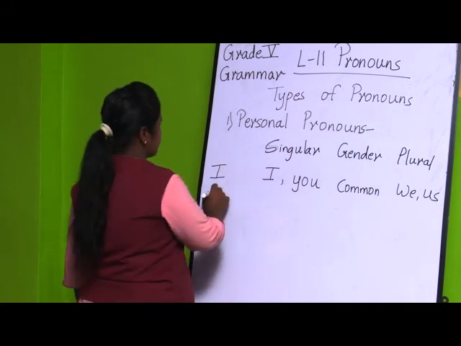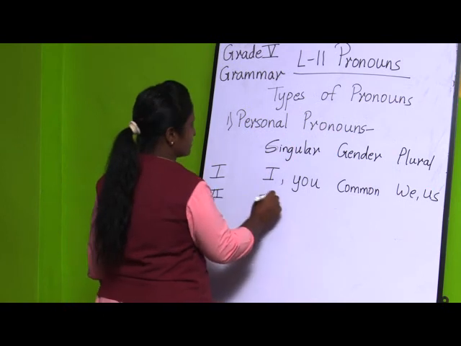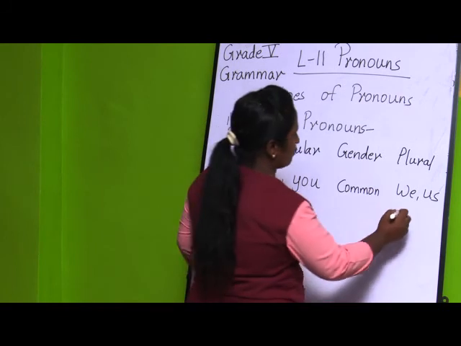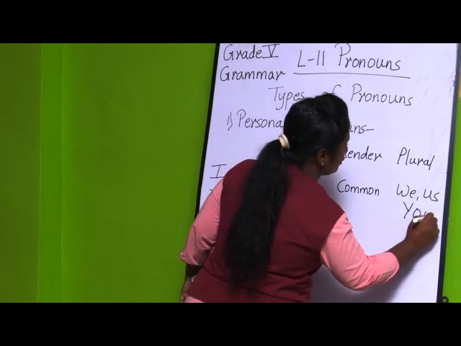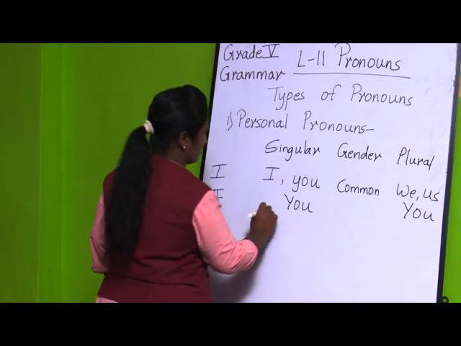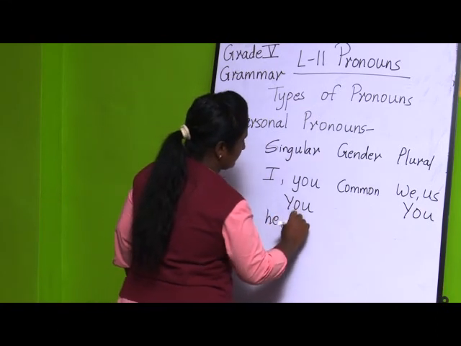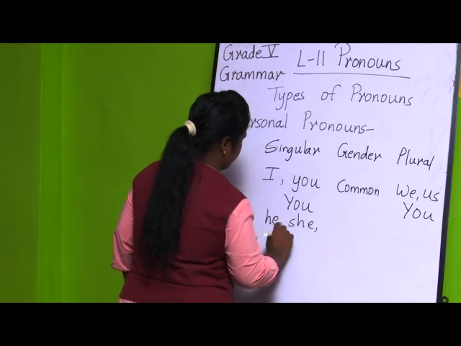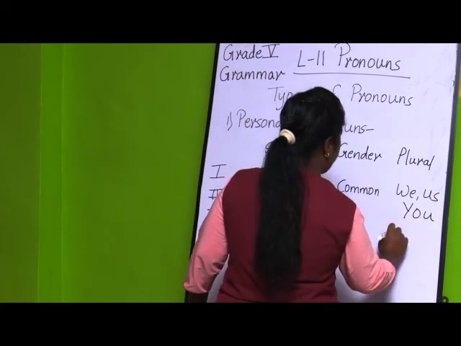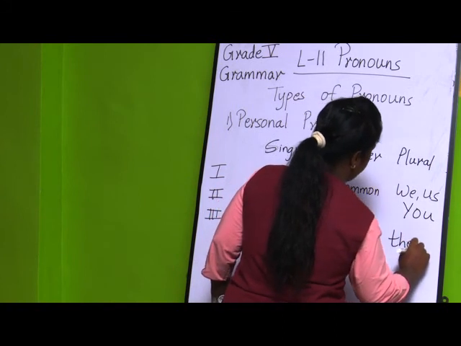Then second person is you, I told you second person is you. So, in common gender here also plural it will be you only, but in third person he, she and it. Then in plural it will be they or them.